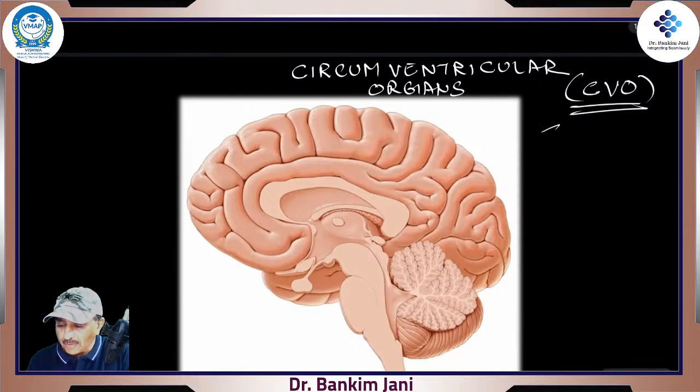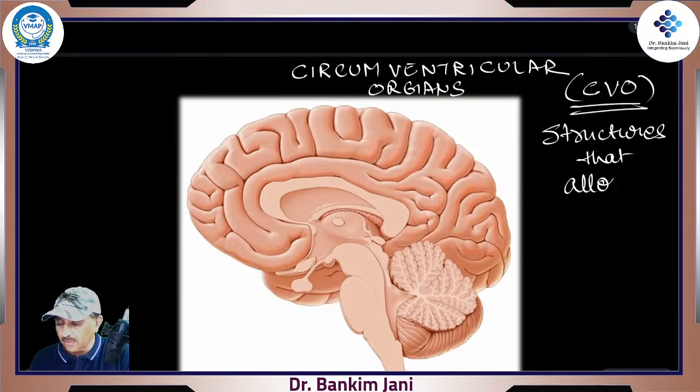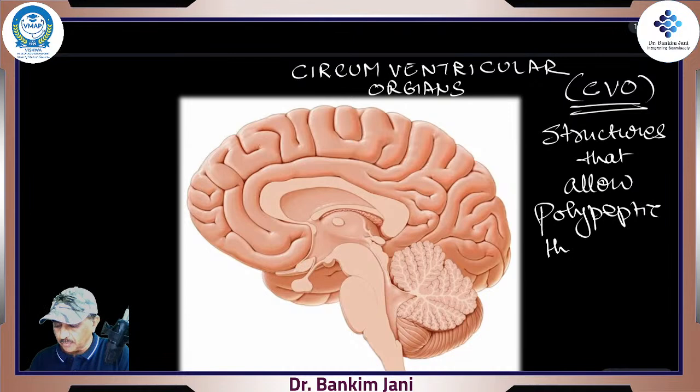So what are they? These are the structures in the brain that allow polypeptide hypothalamic hormones.